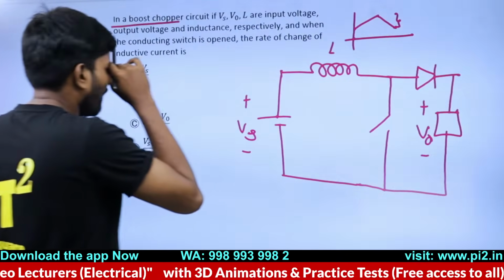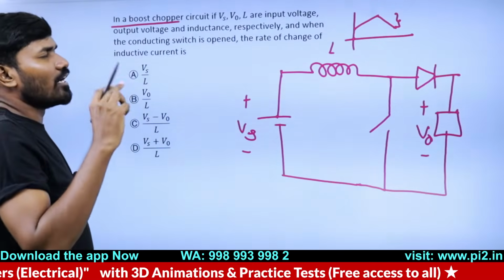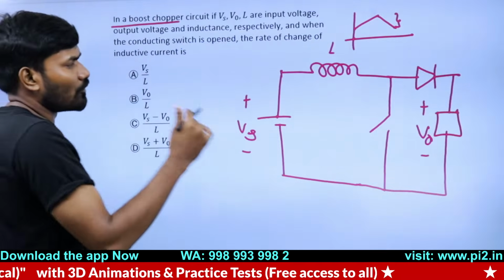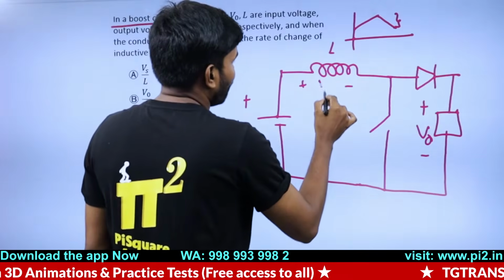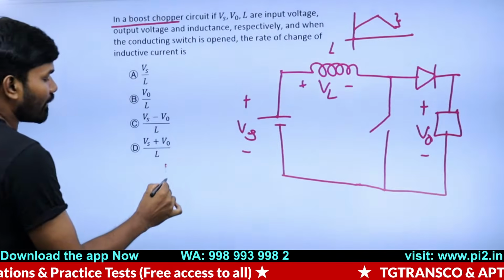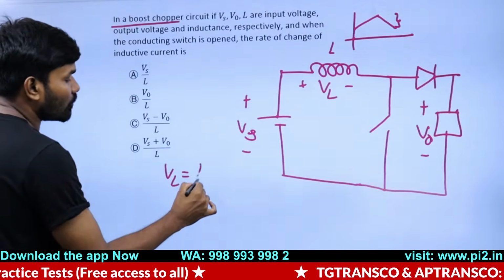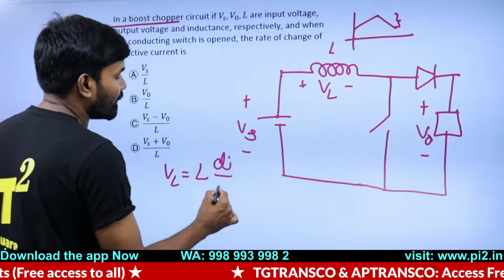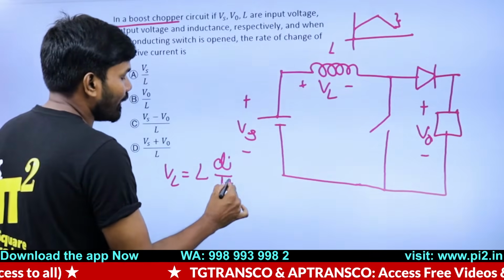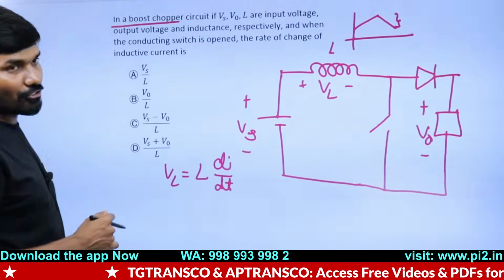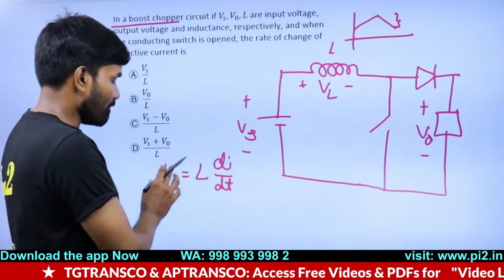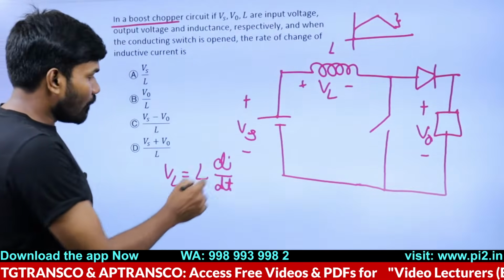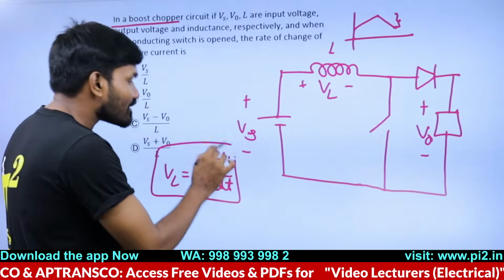We know rate of change of current is given only by inductor voltage. If you take VL, we know VL is equal to L into di by dt. L into di by dt is the rate of change of current. Why am I taking this term?